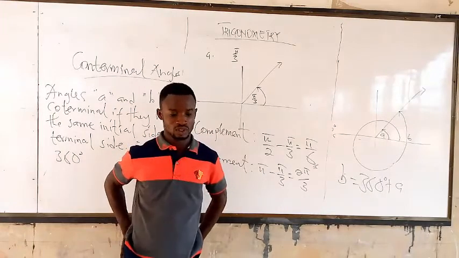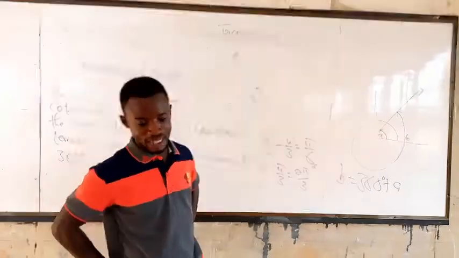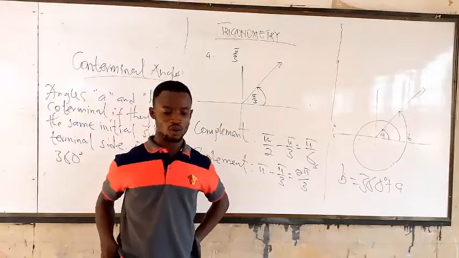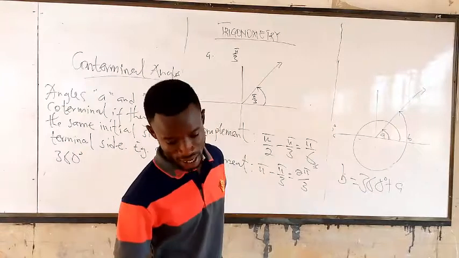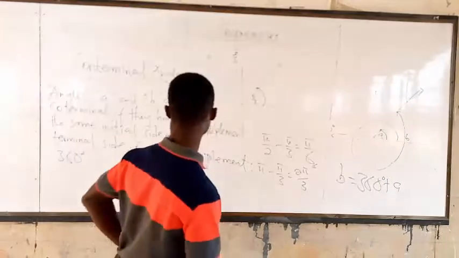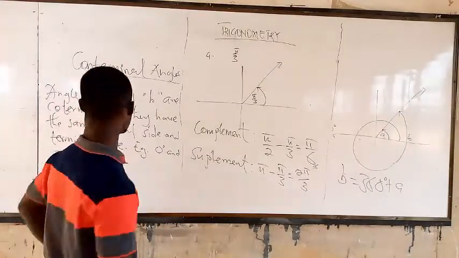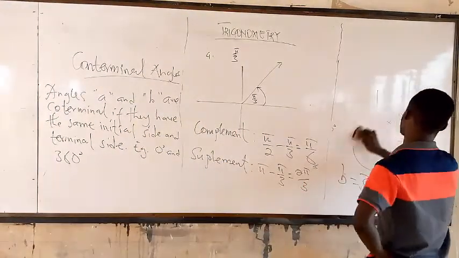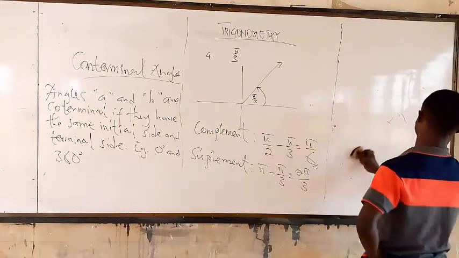Alright. Let's look at this second example. Find the coterminal angle of the following. Make sure you write it too.